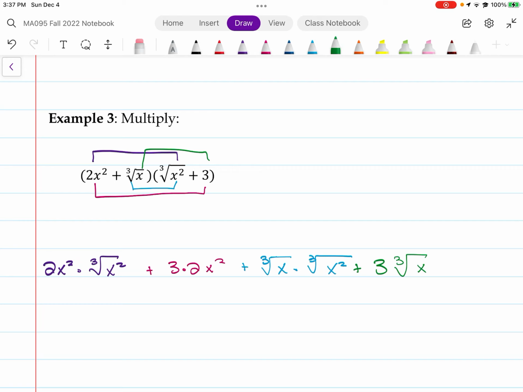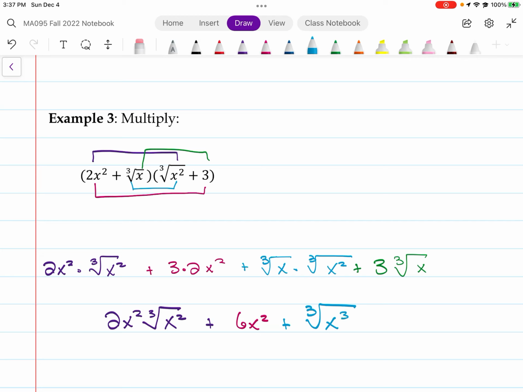All right, so is there anything we can do with any of this? The first one, no. The cube root of x squared, nothing we can do with it. So 2x squared cube root of x squared plus 6x squared, change colors, 6x squared plus, now we've got the cube root of x cubed.